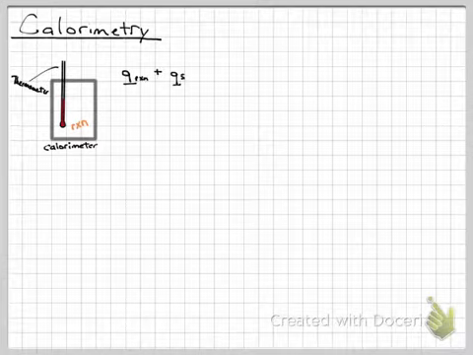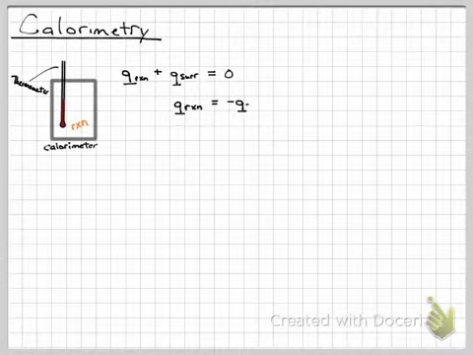So heat of the reaction plus heat of the surroundings by the first law of thermodynamics must equal zero. In other words, energy is neither created or destroyed, and so whatever heat is liberated from the reaction must be absorbed from the surroundings, and vice versa.